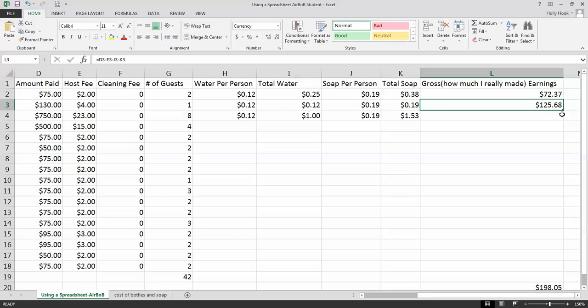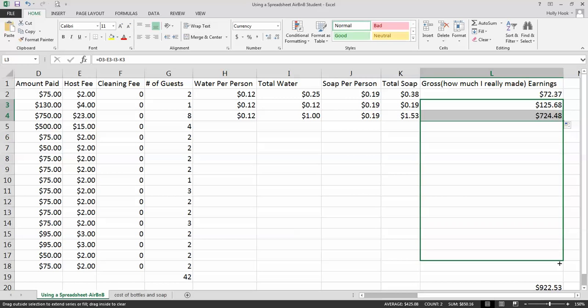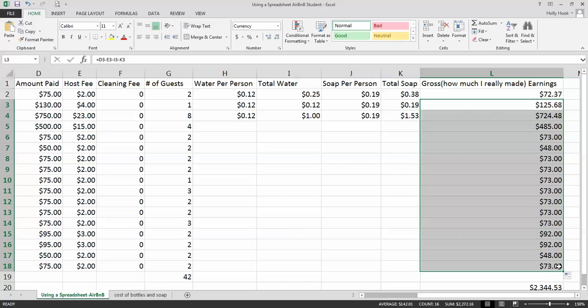When I'm down here in the lower right hand corner, it magically turns to a black cross. I can drag down. If I'm performing the same operations, I can drag down and it will automatically calculate my total for me. So I can use that same formula all the way down.